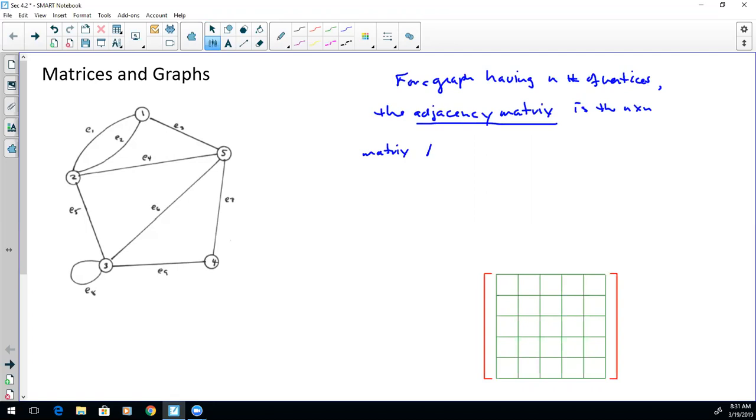Okay, we're going to write it this way: capital A equals, and the entries we're going to call little a sub ij.